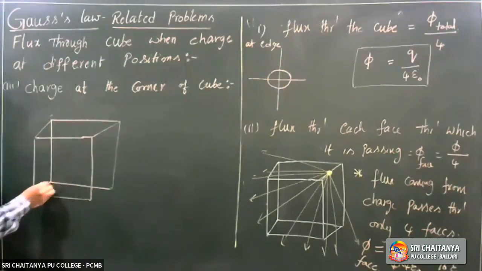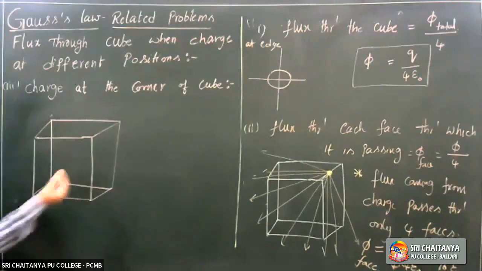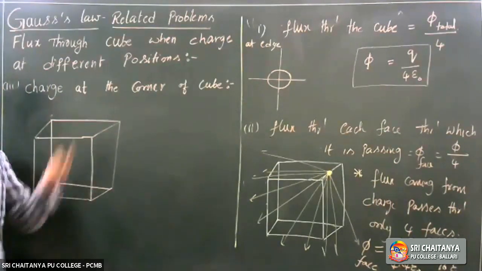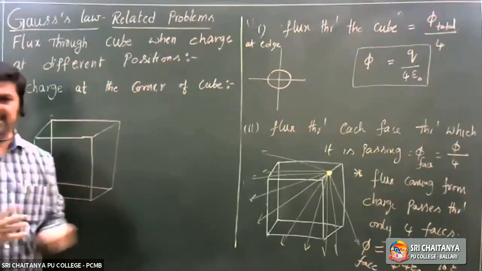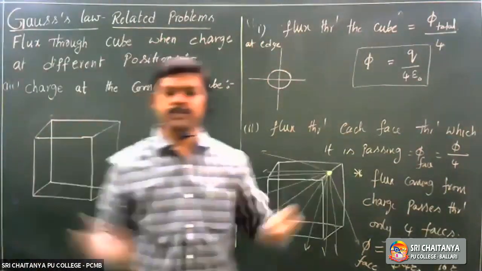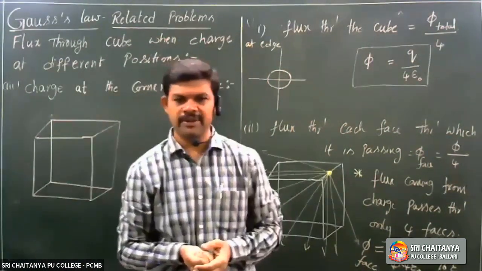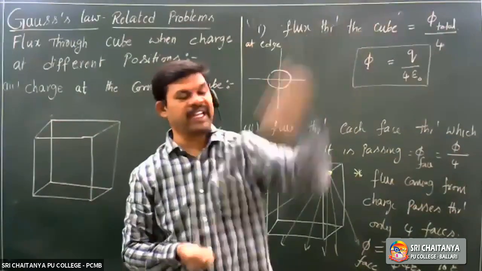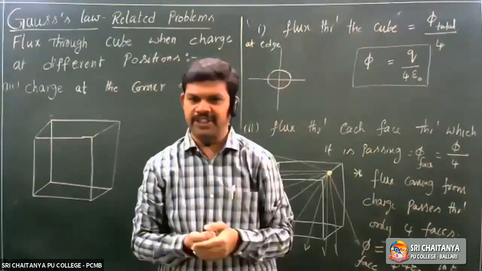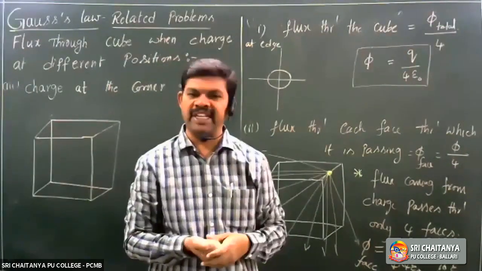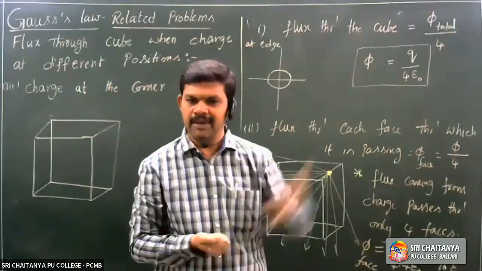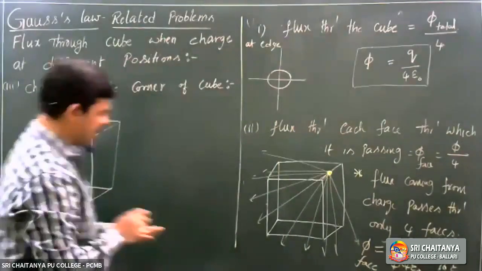What is corner? You just imagine your room. 6 faces you have. Where 2 faces meet, that line is called edge. The point where 3 faces of the room meet, is it not a corner? Corner. So where is the corner here?